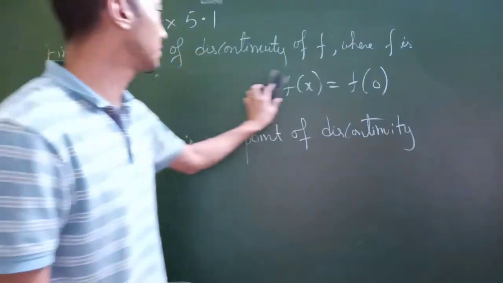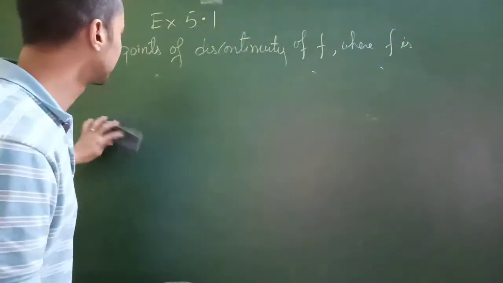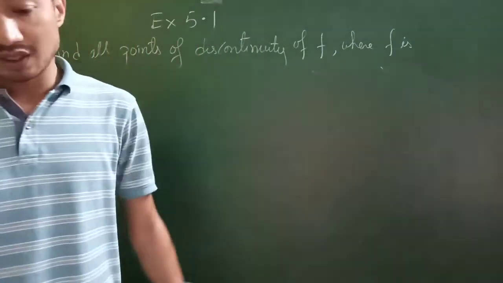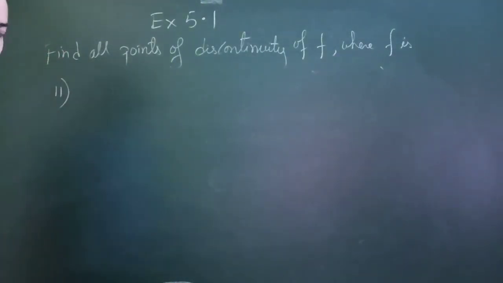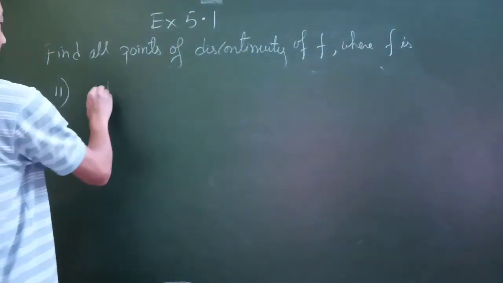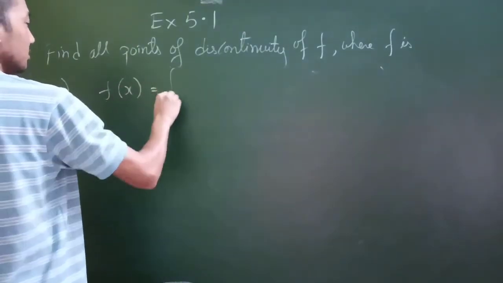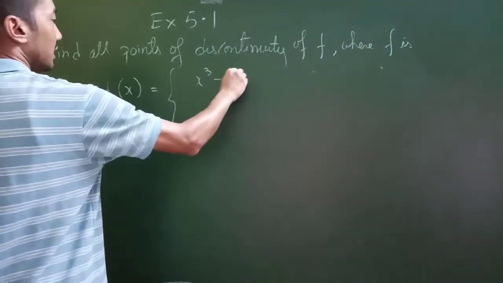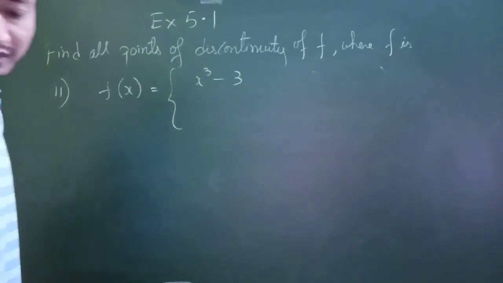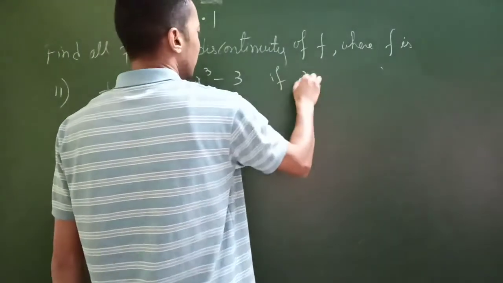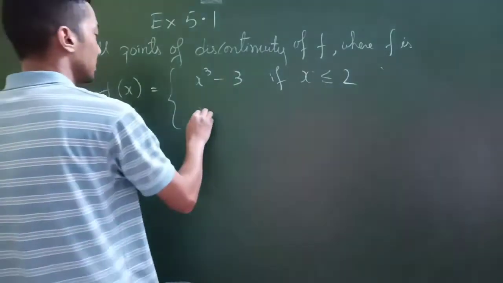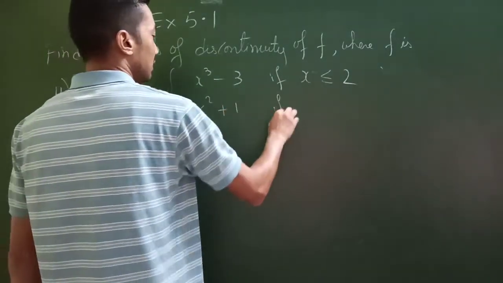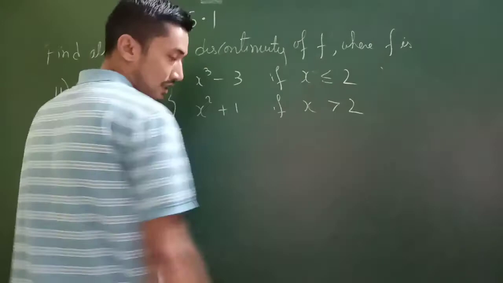Let's try another question. Maybe let's try 11. Our function here is given to be x cubed minus 3 if the value of x is less than or equal to 2, and x squared plus 1 if x is greater than 2.